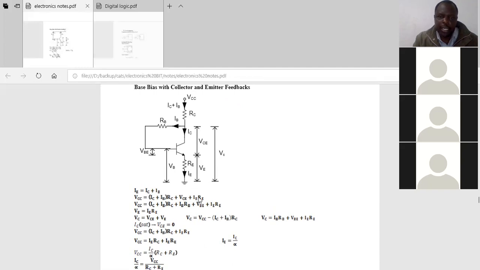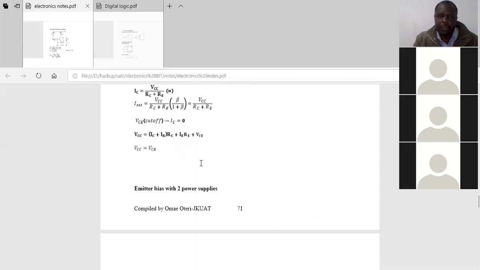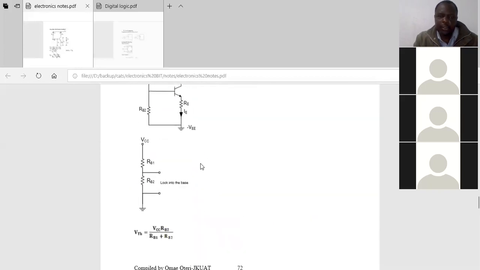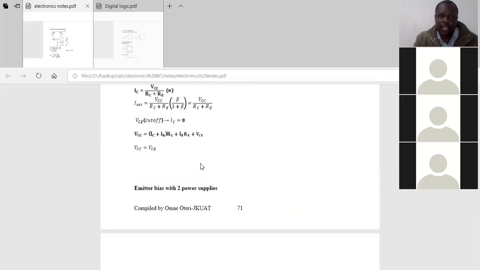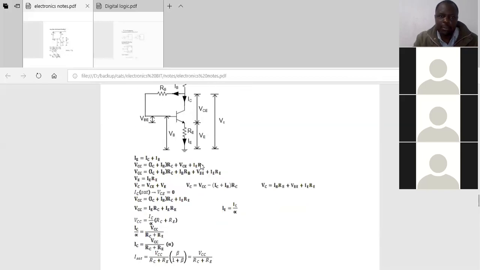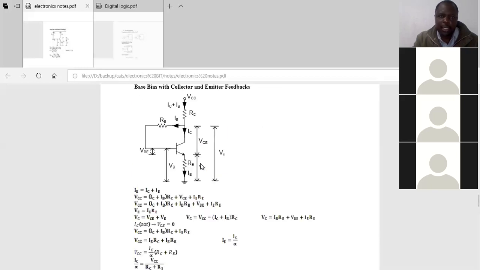You can see this one we have added IERE, this one we have added IERE, and the equations will now be just a slight difference because you have just added RE. If you go to the next one, please note that there's something that we are calling the stability factor. I'm not talking about that, so you don't need to worry about it.